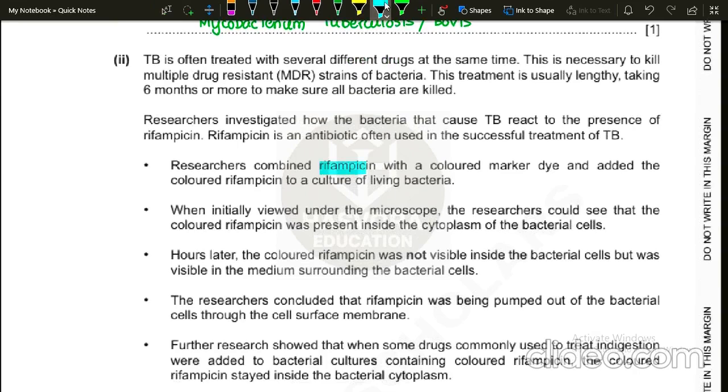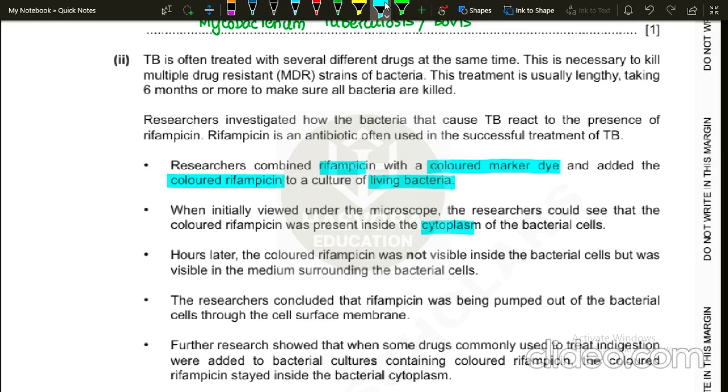So researchers combined rifampicin with a colored marker dye and added colored rifampicin to the culture of living bacteria. So they were testing the effect of rifampicin on the TB bacteria. When initially viewed under the microscope, the researchers could see that the colored rifampicin was present inside the cytoplasm of the bacterial cells.